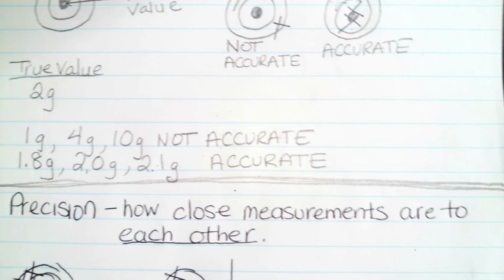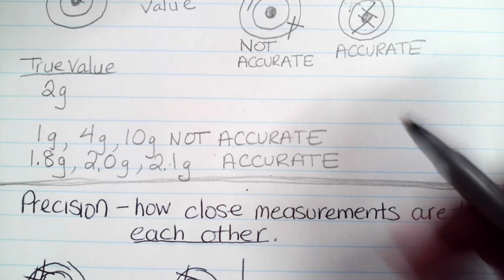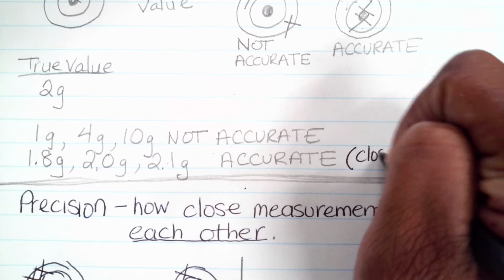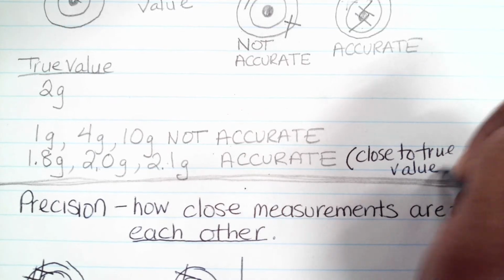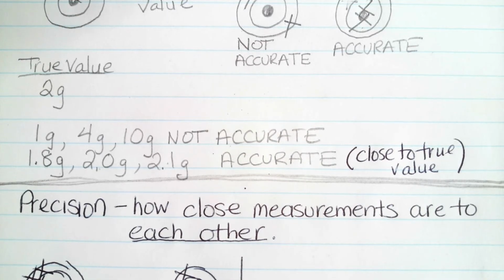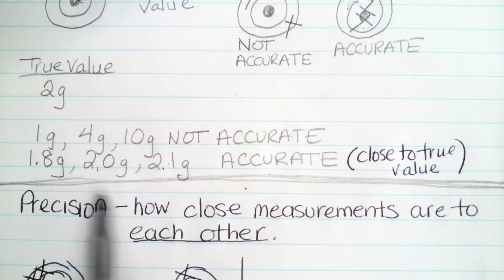So up here, can you write for accurate, close to true value? And then the bottom one is the values are close to each other. And that's it.